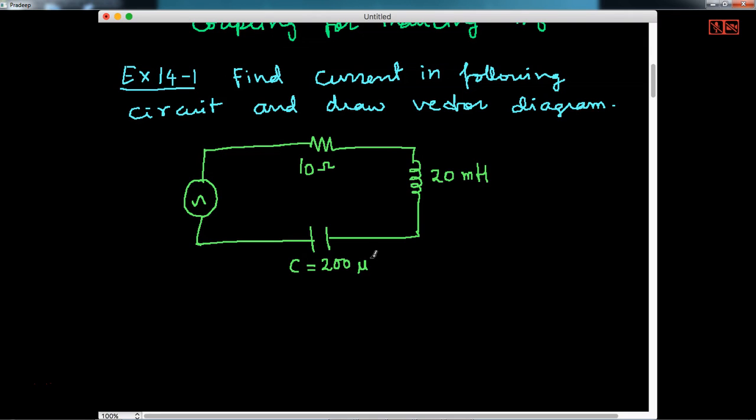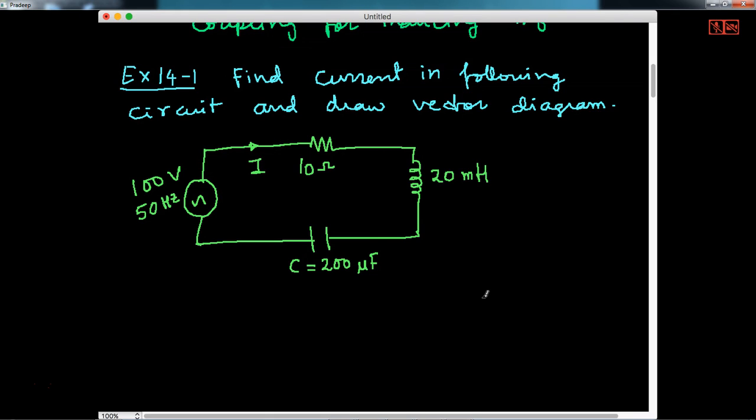The supply voltage is 100 volts, 50 hertz. So what is the current in this particular circuit? This is the question being asked.